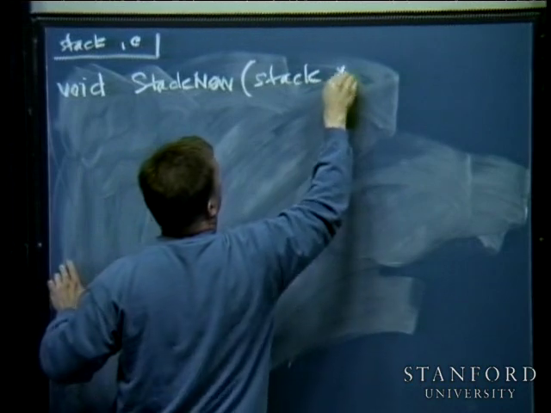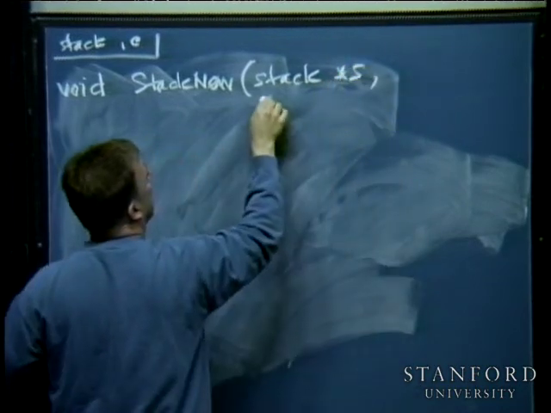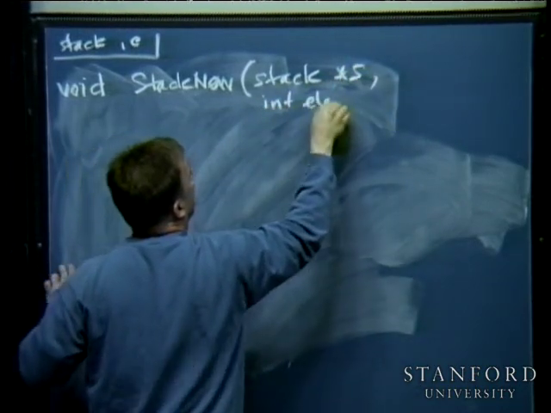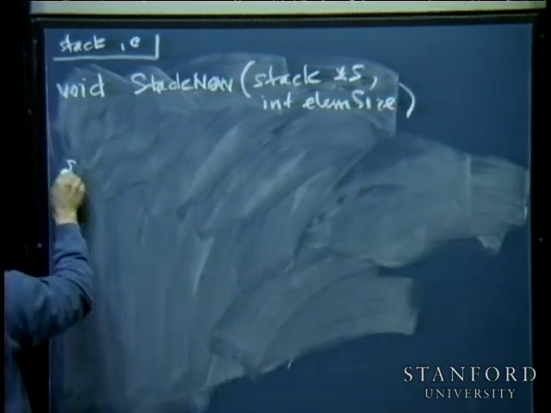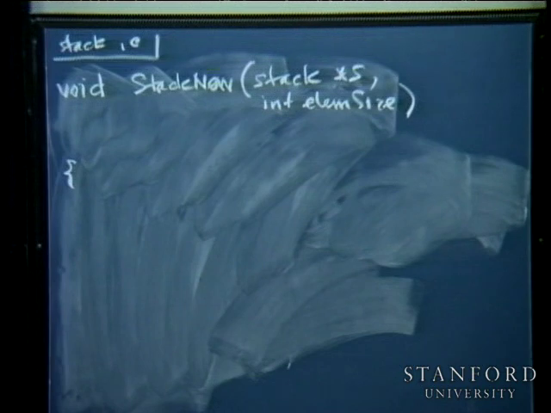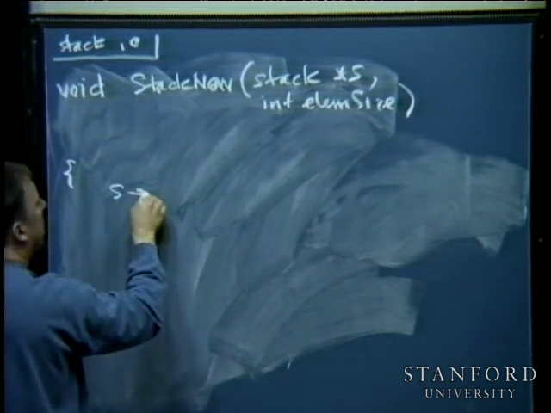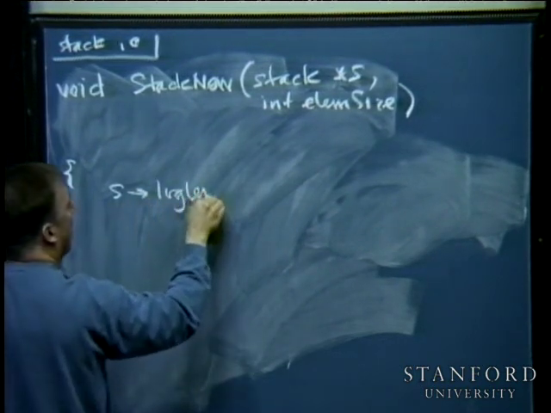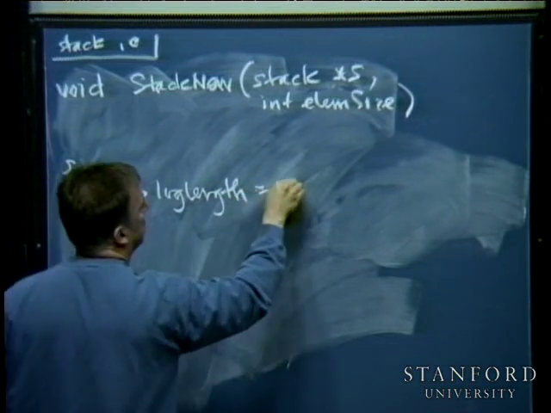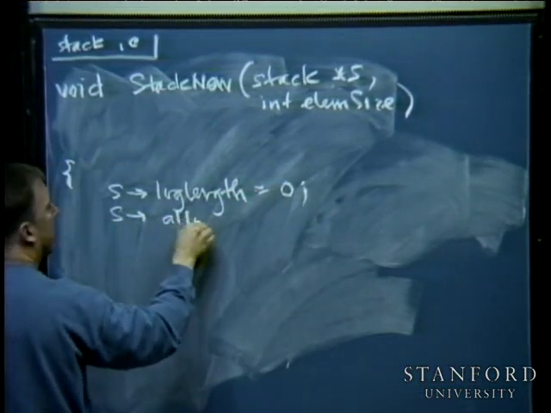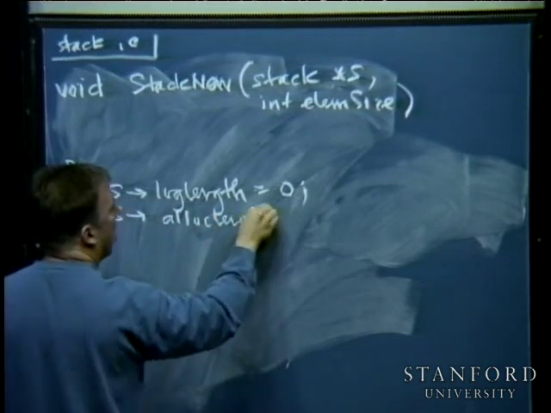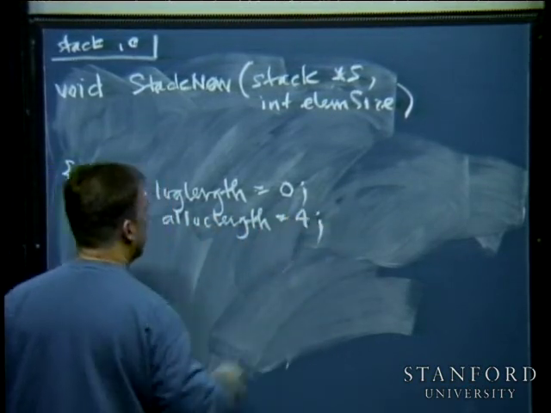Stack asterisk S, int elem size. Same kind of stuff. S arrow logical length equals 0. S arrow alloc length is equal to 4.